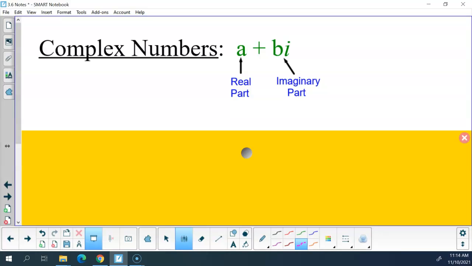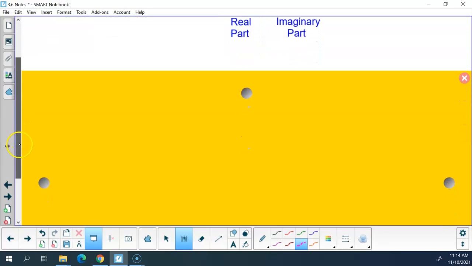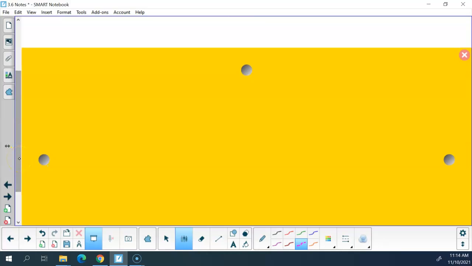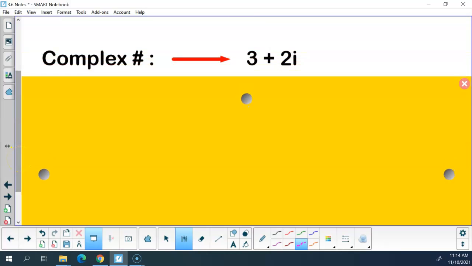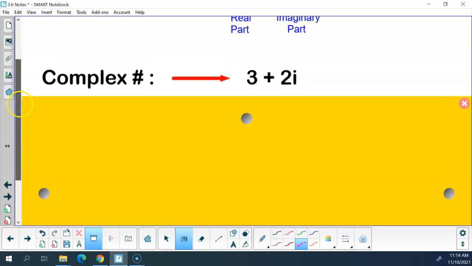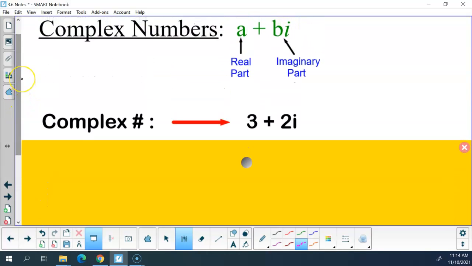Now, we can take any old number. For instance, a regular old complex number would look like 3 plus 2i. Okay? Where 3 is the real part of the complex number, and 2i is the imaginary part of the complex number.